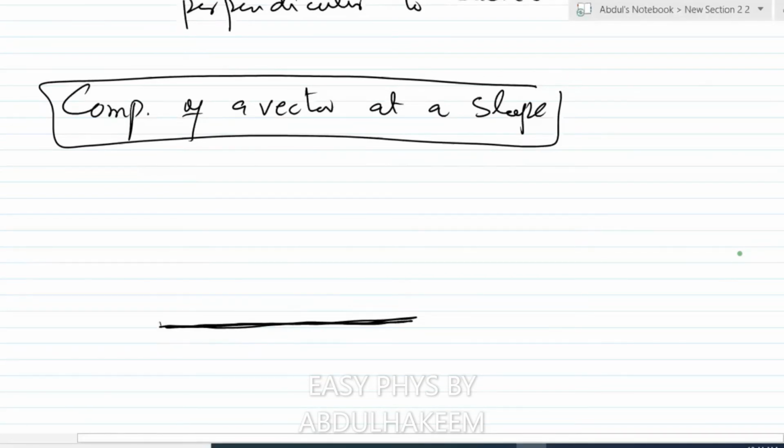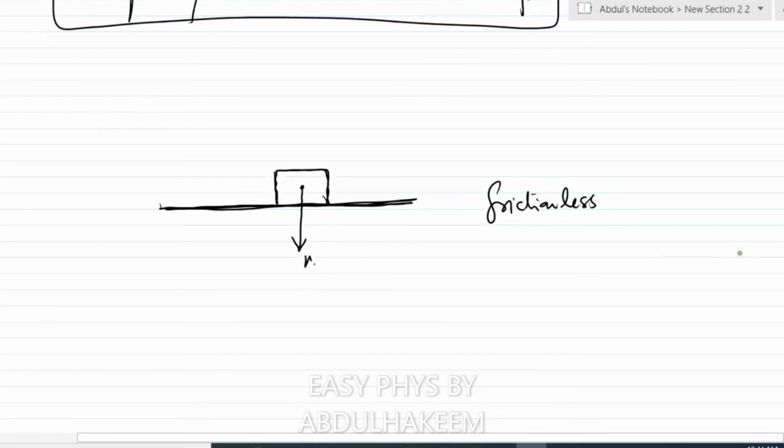This is a horizontal surface, and this surface is frictionless, no friction. This object is placed here. Its center of gravity is here. So the weight is acting exactly downward, and the reaction of the surface on this object is upward.